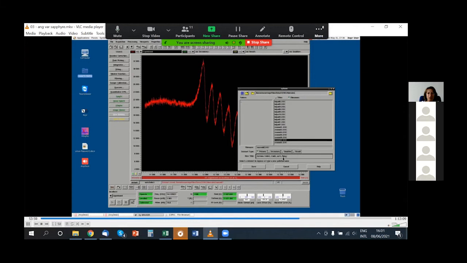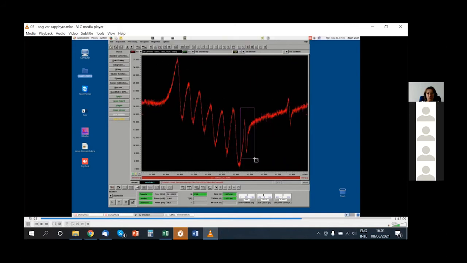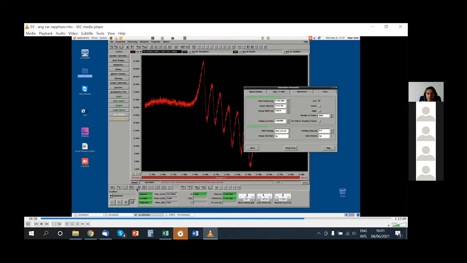And to increase the signal to noise ratio, you can do multiple scans. We are looking at the lines, and you see we can increase the number of the scans.